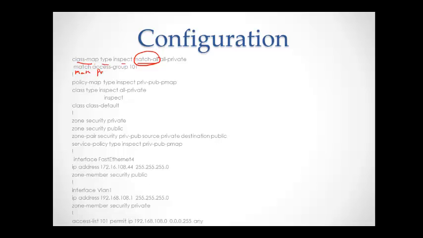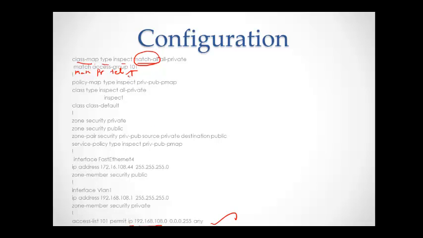Match protocol telnet. So what it means, match all means the traffic should match with the ACL. ACL says what? It should be IP traffic going from this to anywhere. So match all means this should match, and also it should be telnet traffic.